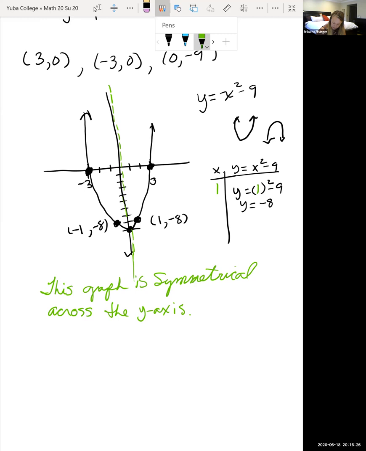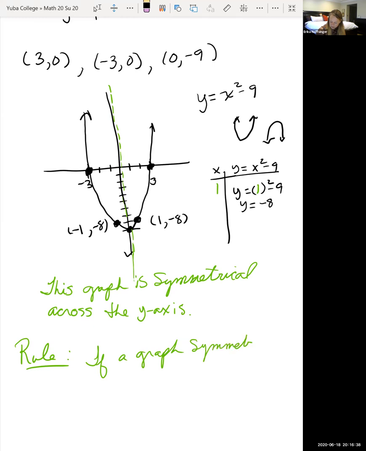So, rule: if a graph is symmetrical across the x-axis, I'm sorry, not the x-axis, the y-axis. We'll talk about the x-axis in a second.